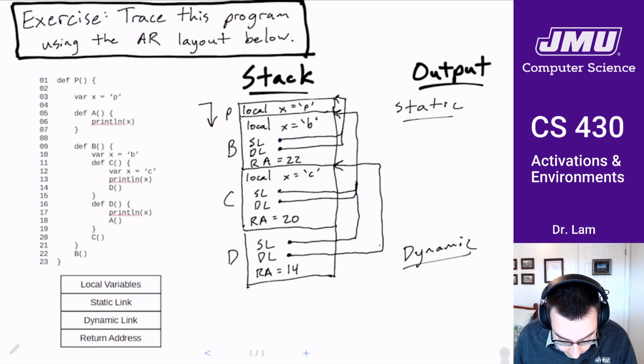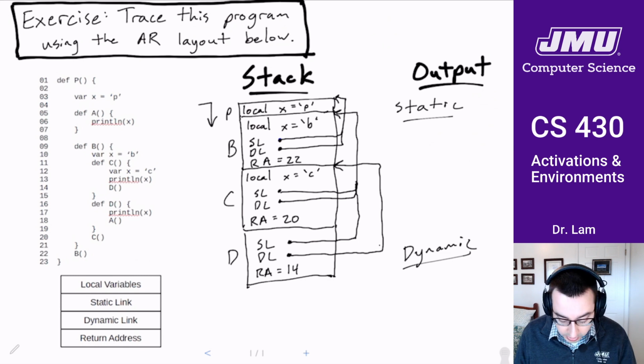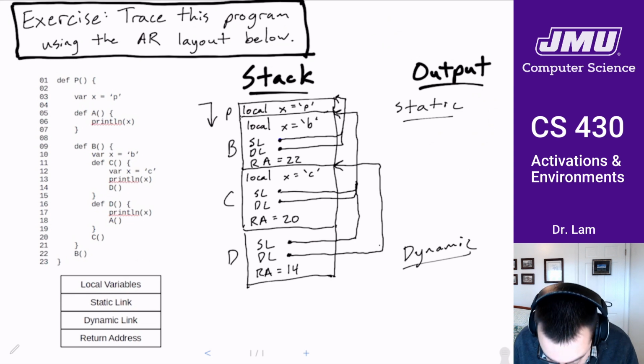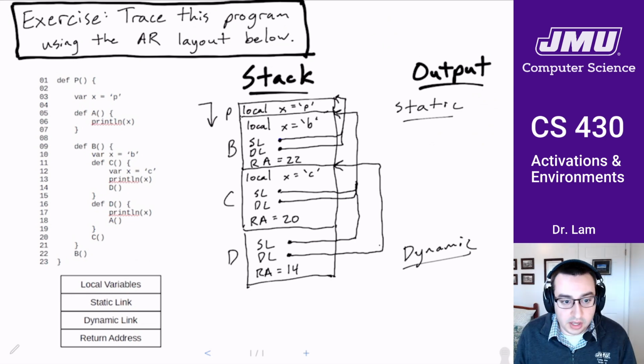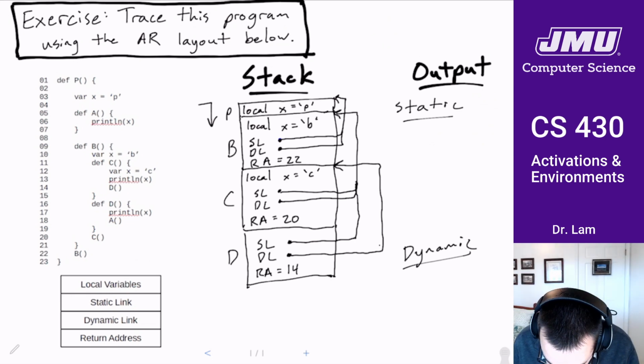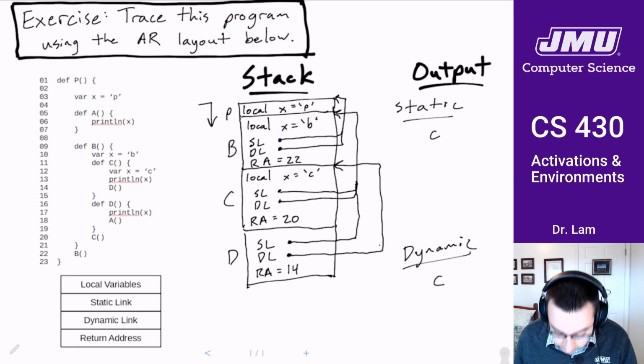Inside of C, when we did the print line, only P, B, and C were on the stack. And so when we printed X, there was an X defined inside of C, so we didn't need to use the static or the dynamic links at that point. So the first output for both of these schemes is just going to be C, because inside of that function we're going to see the local variable. So that's not a terribly interesting output yet.